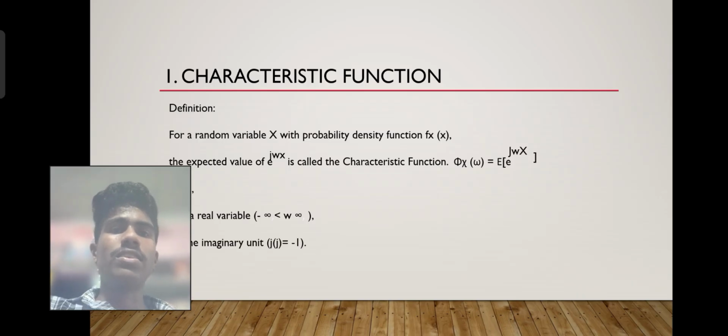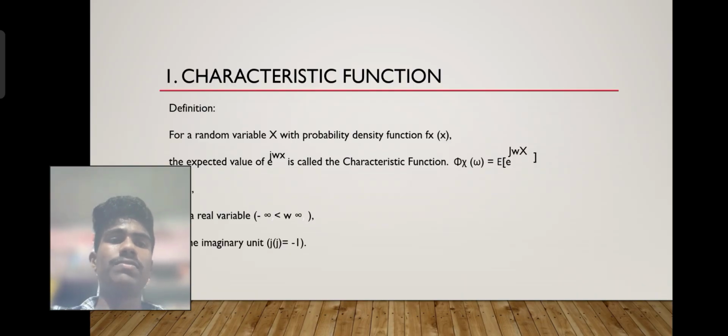Characteristic function. Consider a random variable X with a probability density function f_X(x). Then the expected value of the function e^(jωx) is called the characteristic function.